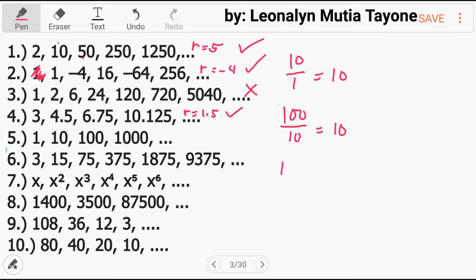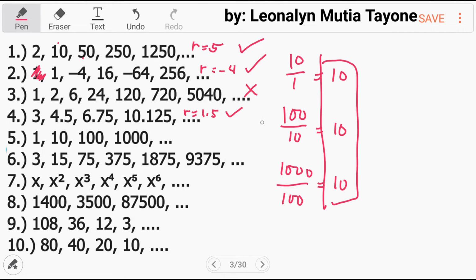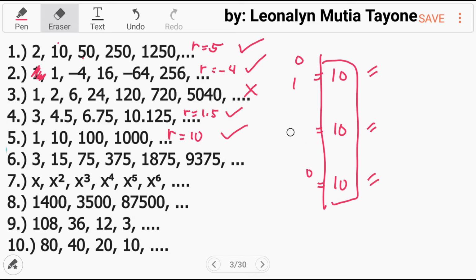This is 10. 1,000 divided by 100, and this is 10. Therefore, ito yung common ratio. Common ratio niya ay 10. And since meron silang common ratio, therefore, geometric sequence ito. Next, dito na tayo sa number 6.